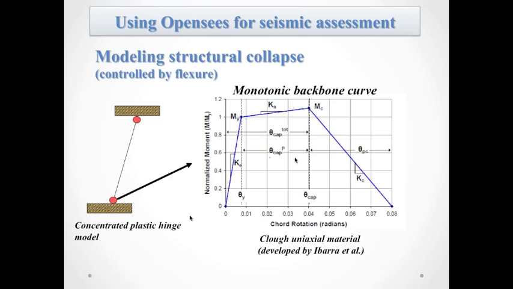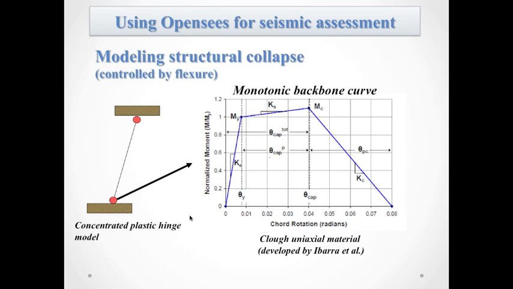This uniaxial material has the advantage that it has this post-capping negative slope that allows us to simulate collapse and deterioration of structures. And this is the backbone curve.